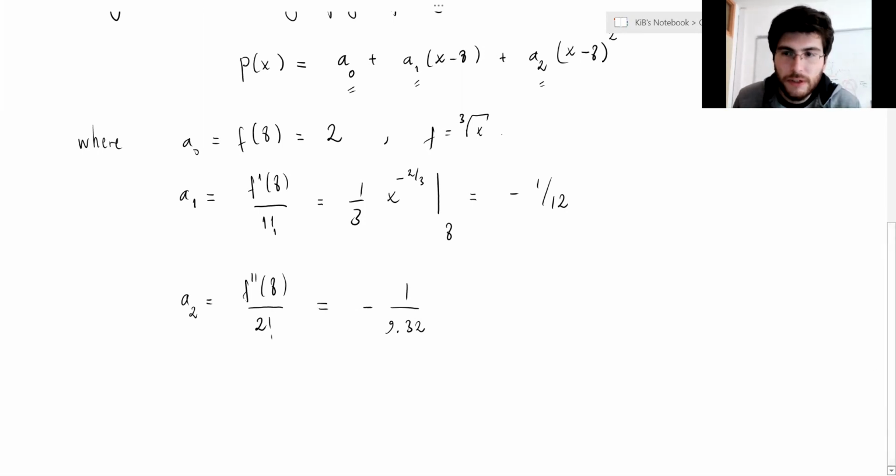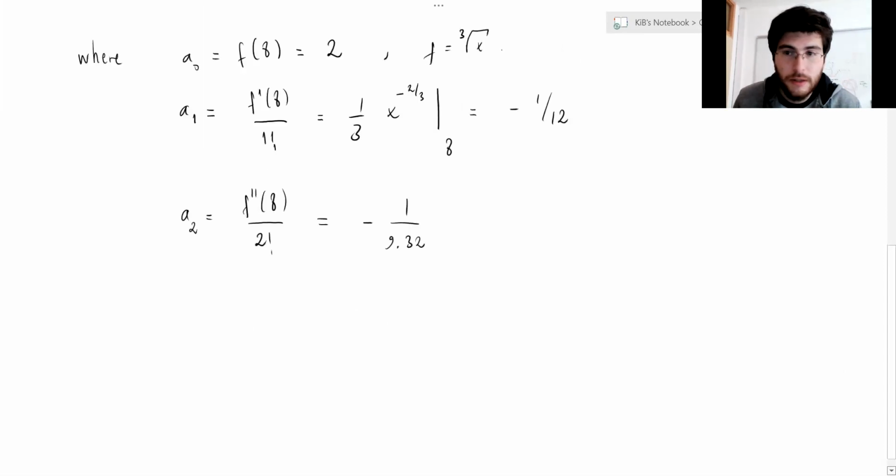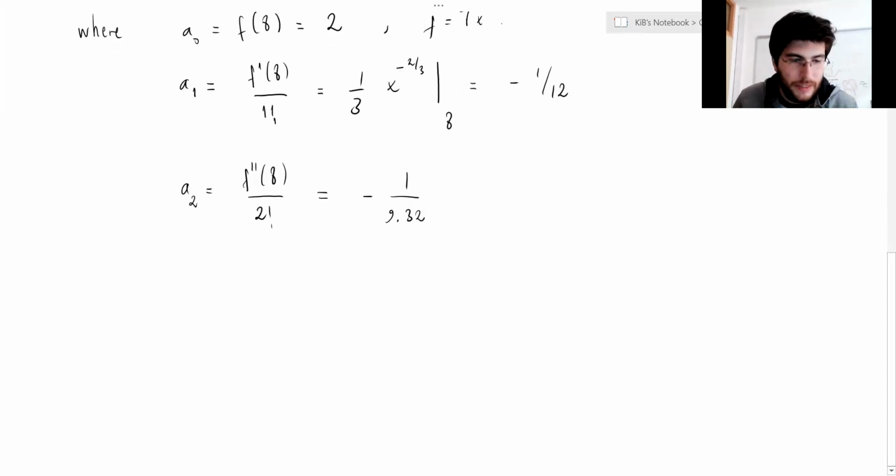So you have something like this. You know the coefficients, you know the polynomial. So let's try to approximate. Hence we get something like this: the function f approximated by this polynomial, P(x).